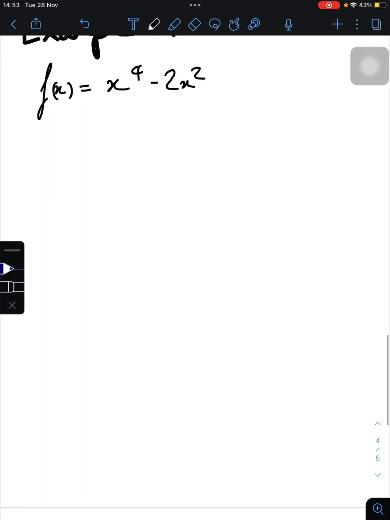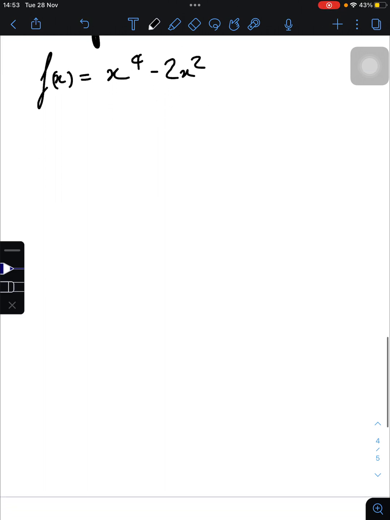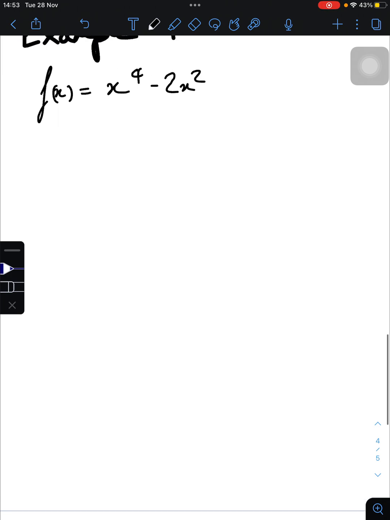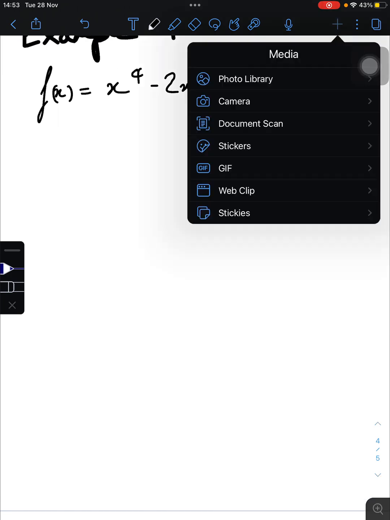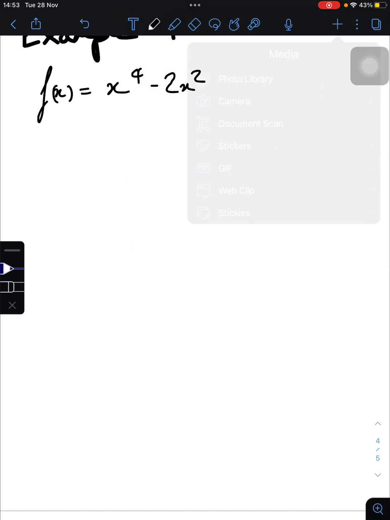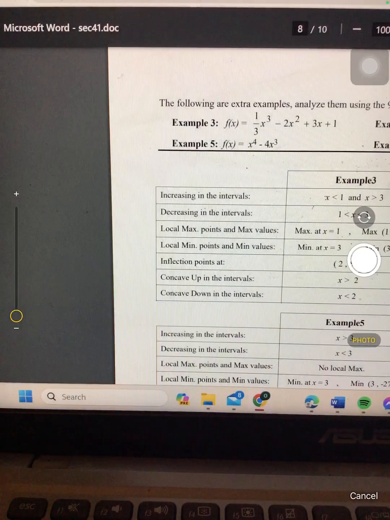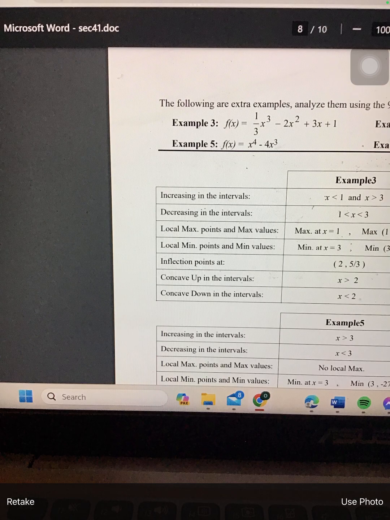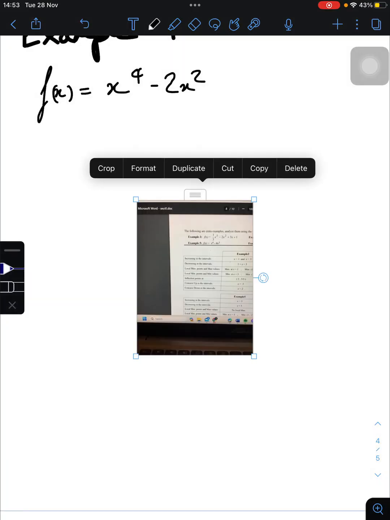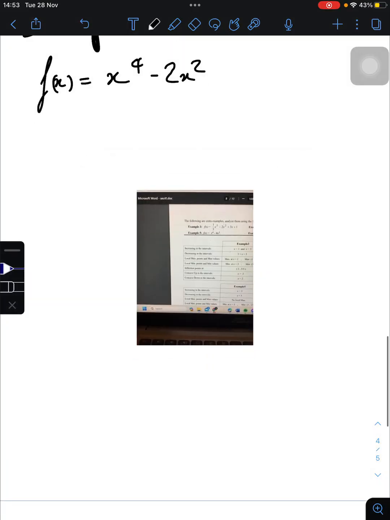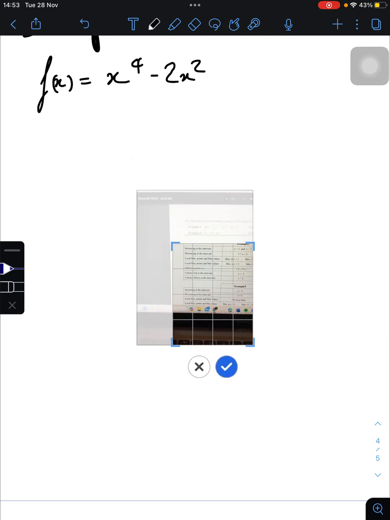So what we're going to look at is the increasing and decreasing intervals. Let me add that quickly to our worksheet. And then we should be able to just fill in the gaps here.